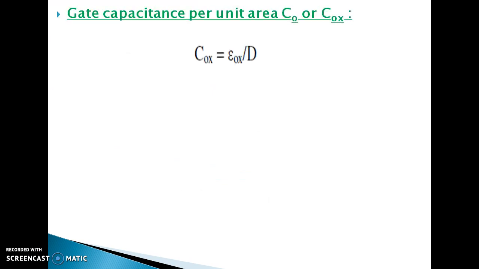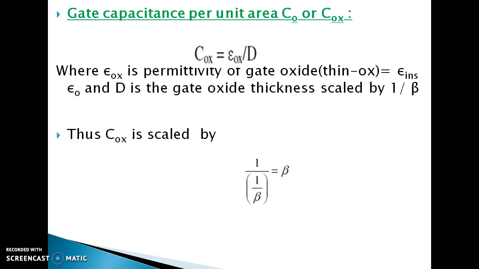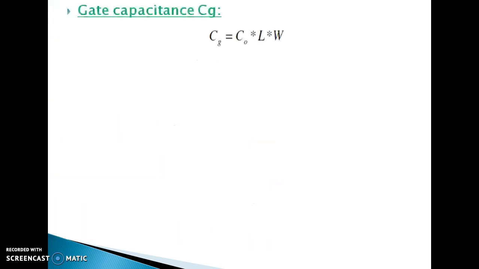The gate capacitance per unit area, C0 or Cox. We know that Cox is defined as epsilon ox by D. Here epsilon ox is a constant and D is the gate oxide thickness, which is scaled by 1 by beta. Therefore Cox is scaled by 1 by 1 by beta, which is equal to beta. Gate capacitance, that is CG.